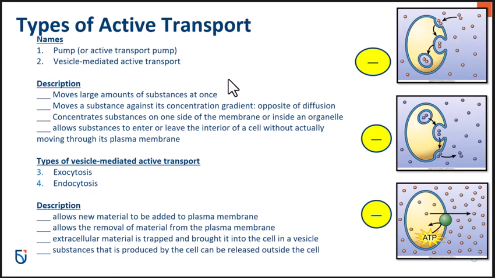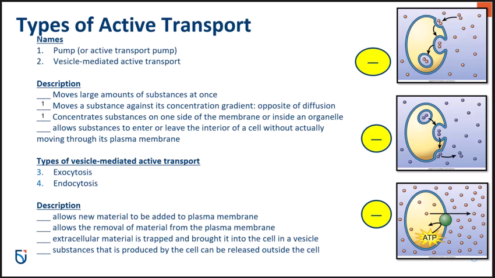All right, so the types of active transport that require energy include pumps, also called active transport pumps, and vesicle-mediated active transport. So the first example is the pump, which acts to move or pump substances against their concentration gradient.